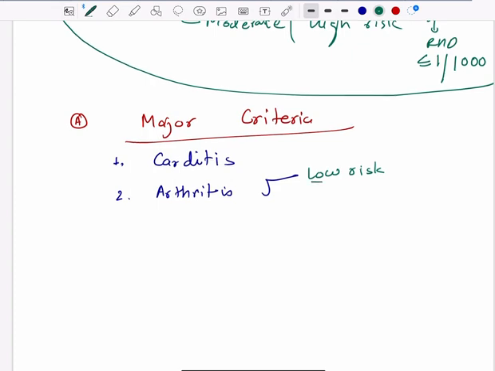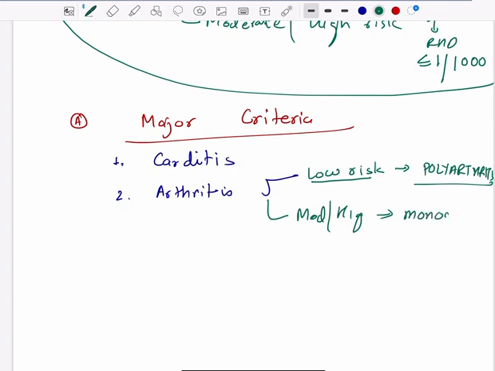In low risk, you have to see polyarthritis. In moderate or high risk, you can even consider monoarthritis as a major criterion. That becomes very important.